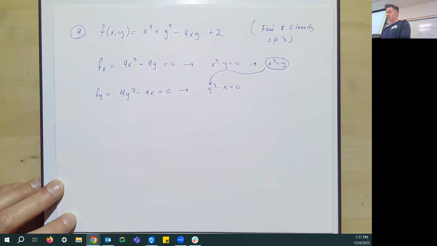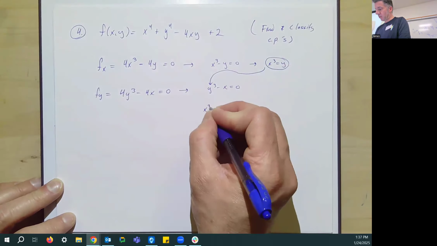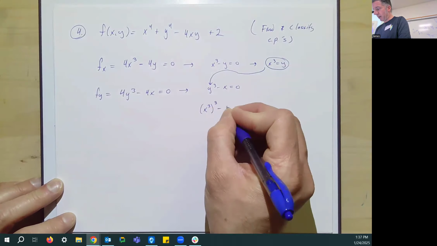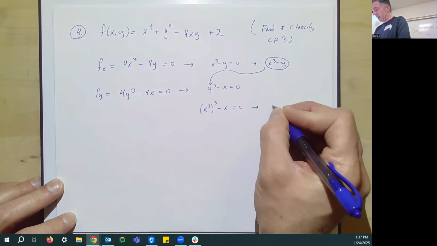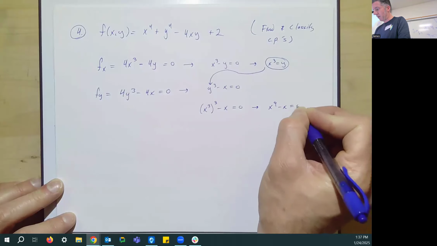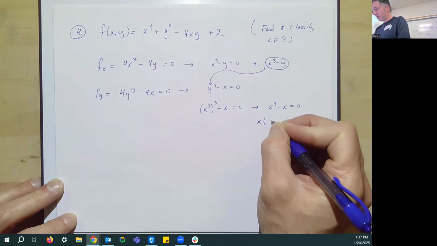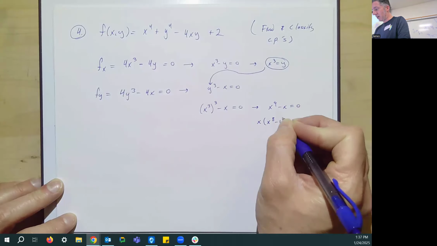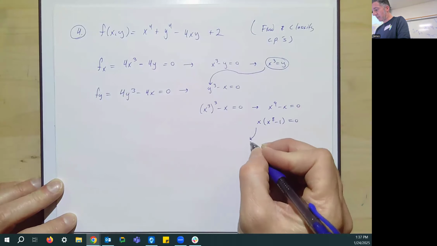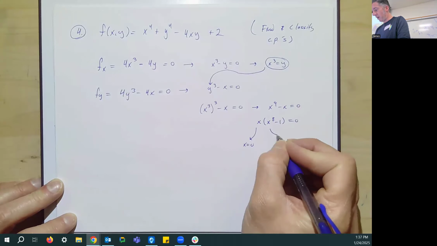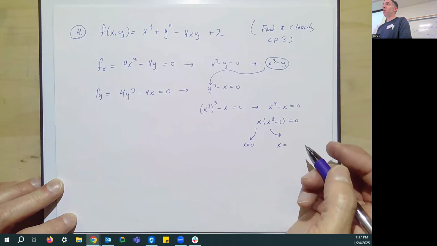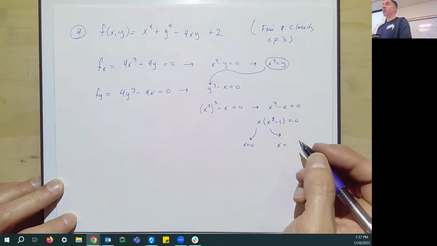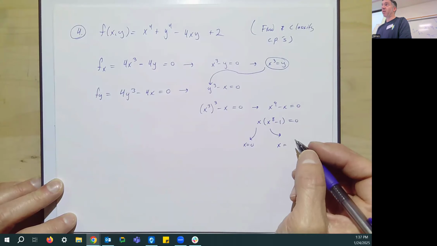So I'm going to have x cubed cubed minus x equal to 0, or x to the 9th minus x equal to 0. Factor out an x, and I get x times x to the 8th minus 1. So either x equals 0, or x equals 1, or x equals negative 1.